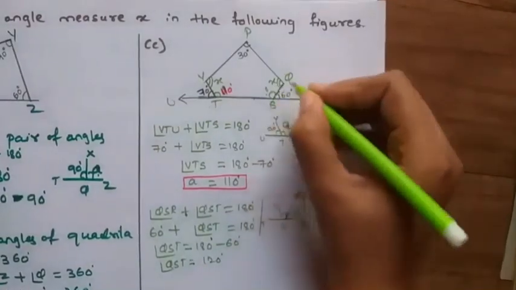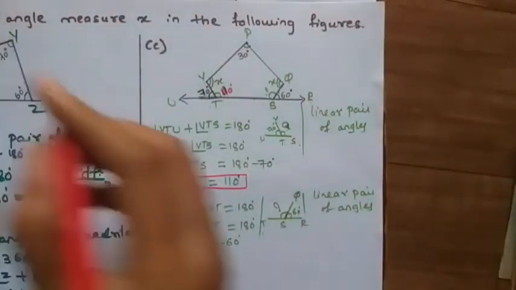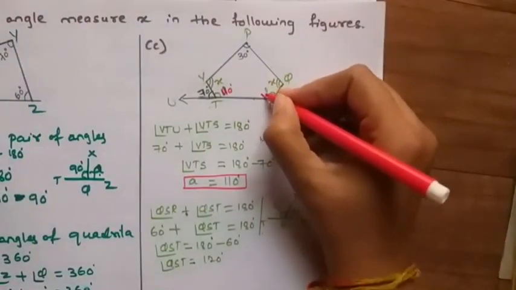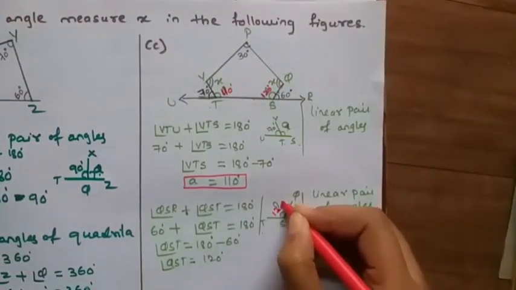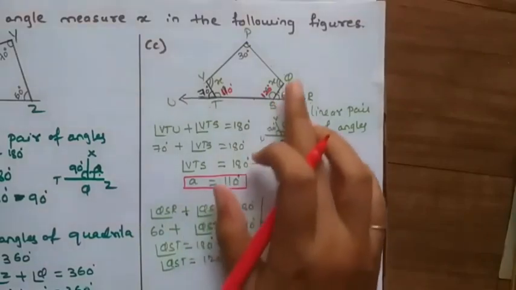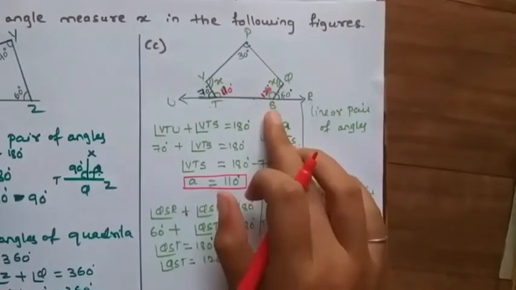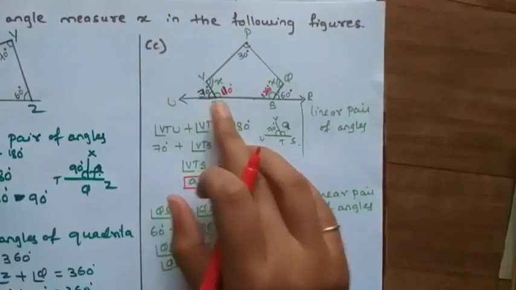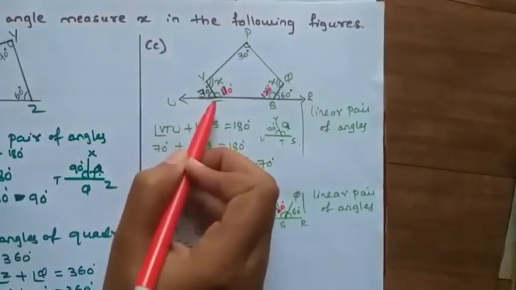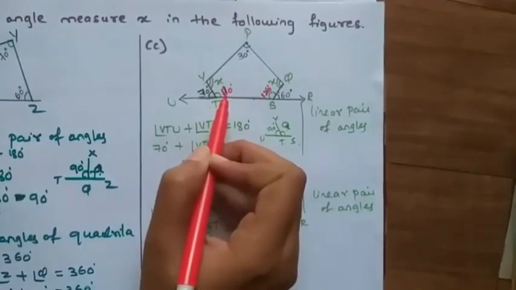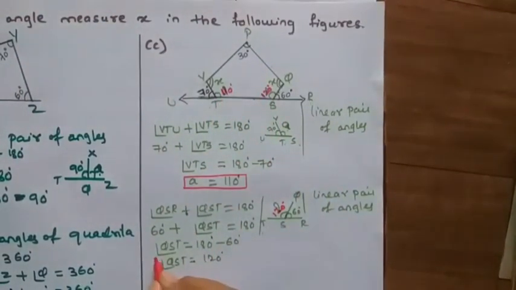So here we get 120 degree. Angle QST is 120 degree. Angle VTS is 110 degree.